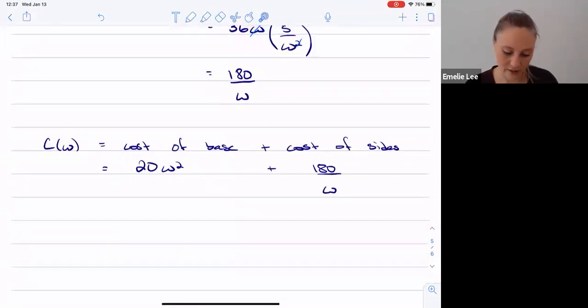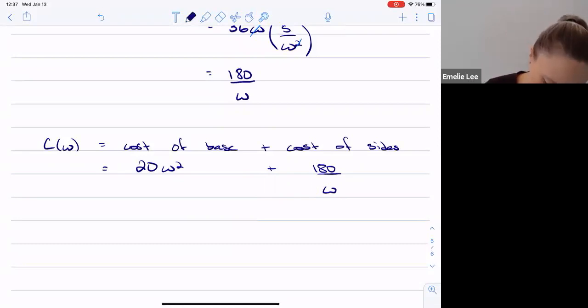We could probably simplify this a little bit and get them over a common denominator. I'm not going to do that. I'll just leave it like this. Okay.